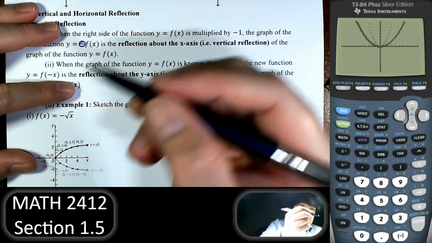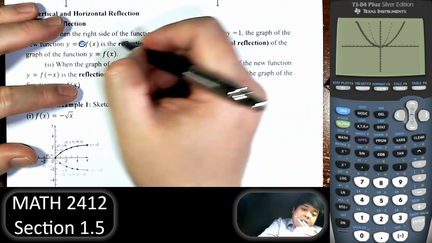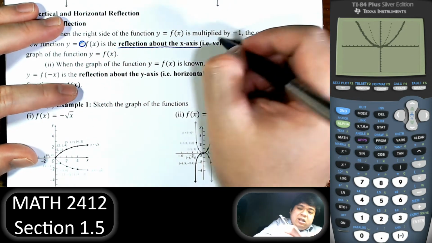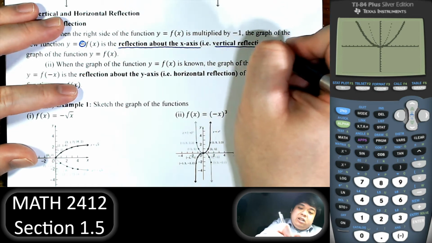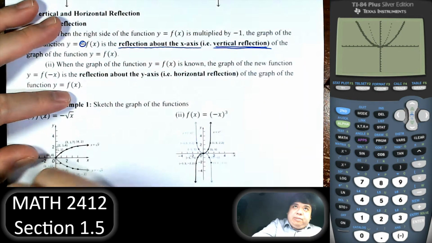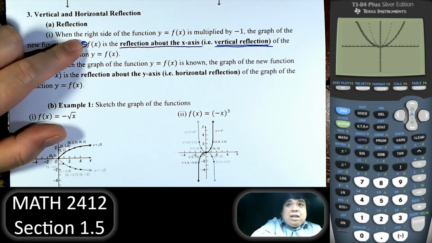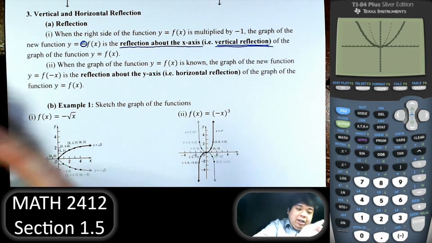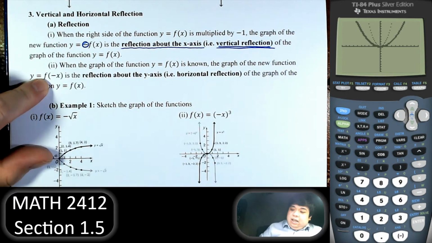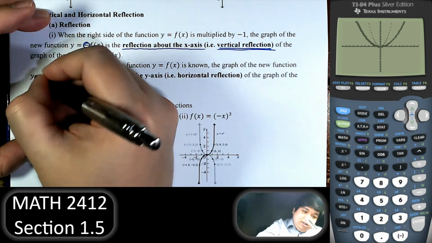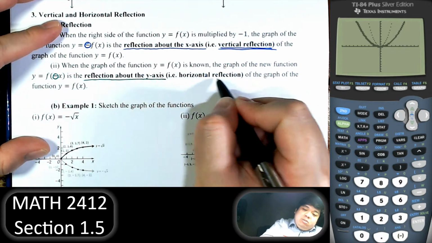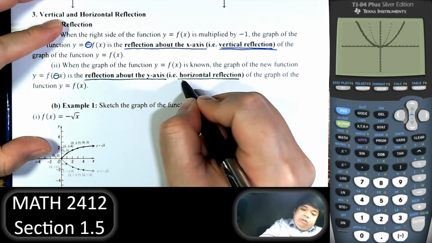In that case, if there's a negative in front of the function, it will reflect about the x-axis, meaning that it reflects vertically, or we have the vertical reflection. So once again, if it is on the outside, it will affect the y values. Now this is inside. It will reflect about the y-axis, meaning horizontal reflection.